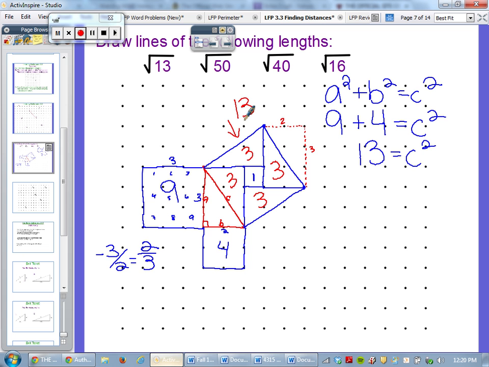Okay, so if I take the square root of 13 and the square root of c squared, I'm going to get the square root of 13 will be our side length equals c. Now we could estimate our side length and say that it's roughly, probably a little closer to 3.5.